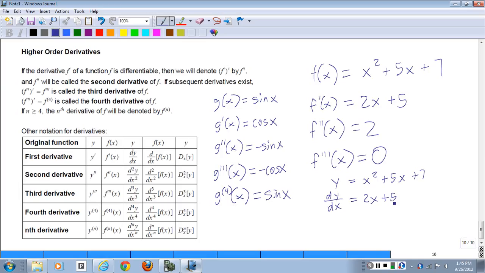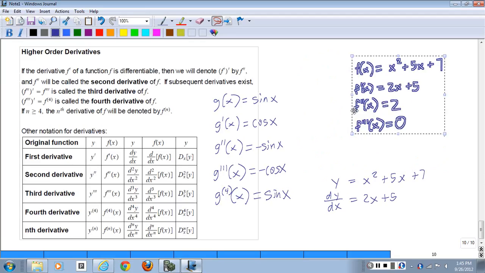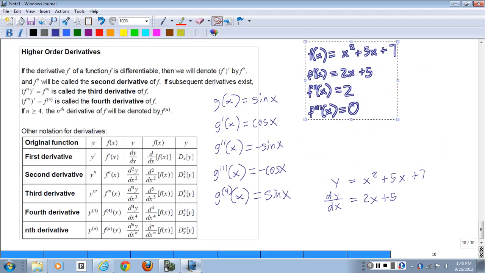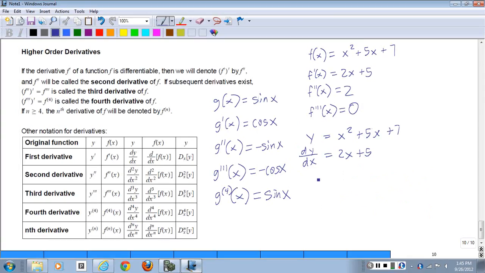Now, if I differentiate both sides with respect to x, d dx of dy dx equals d dx of 2x plus 5. Use the differential operator, d dx.